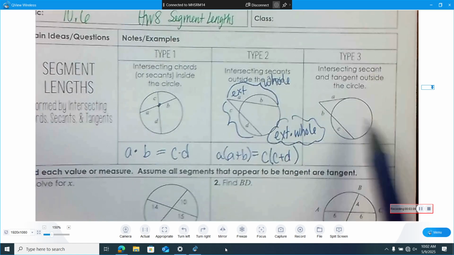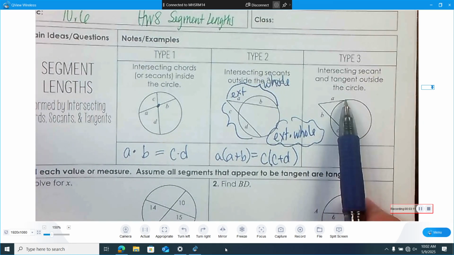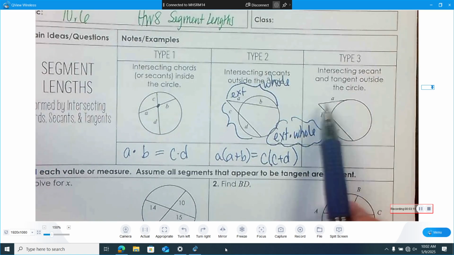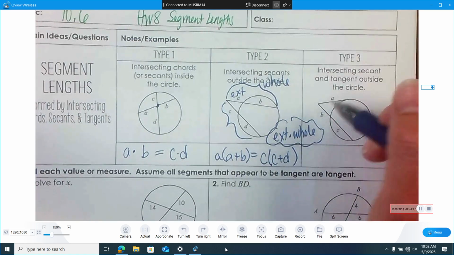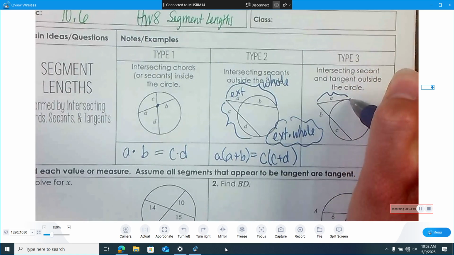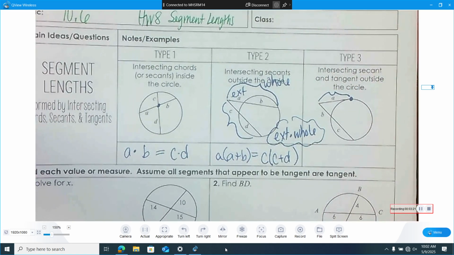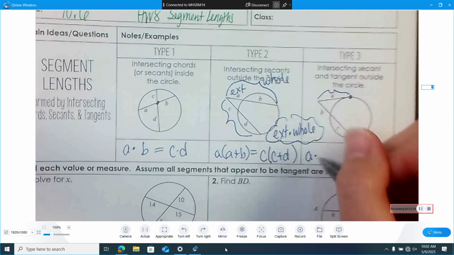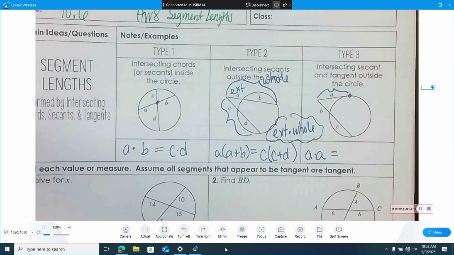The same thing applies in type 3 here, that again, she's got separated out, but I think that they're the same thing. This is the exterior tangent. That's the exterior piece, but it's also the whole piece. So the exterior is A, and then the whole is also A. So it's the same thing.